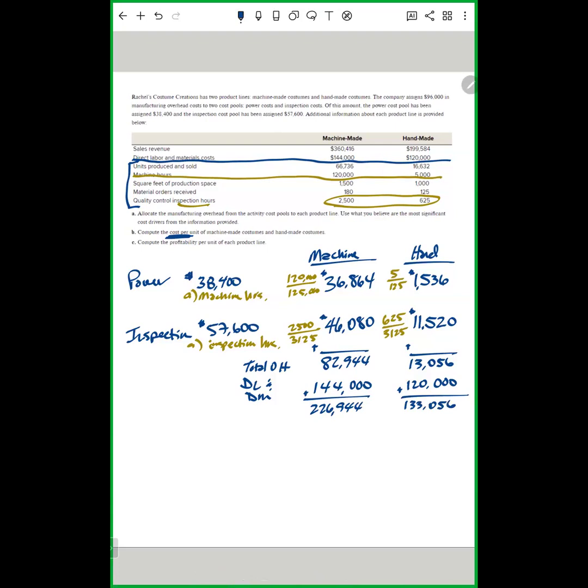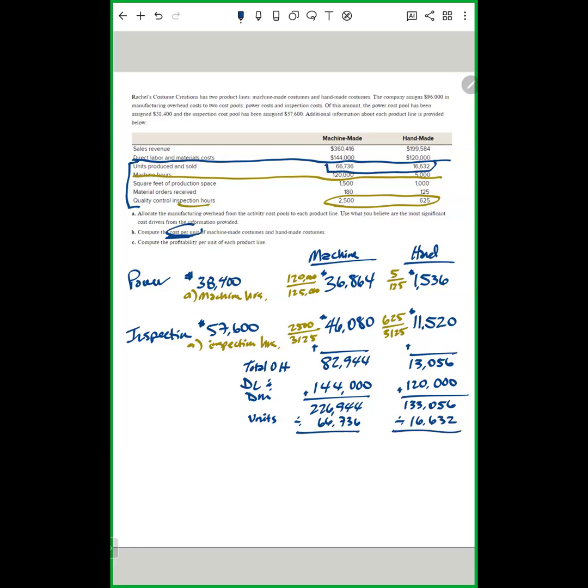And then I need to take that because this is actually asking for cost per unit. I need to divide this by total units. So total units is this set of numbers right here. This is divided by 66,736, and this one is divided by 16,632.